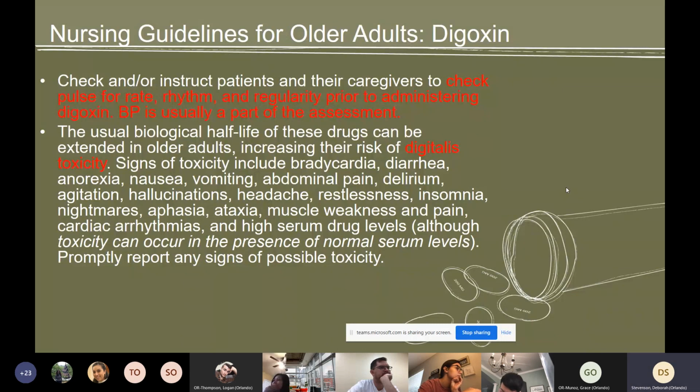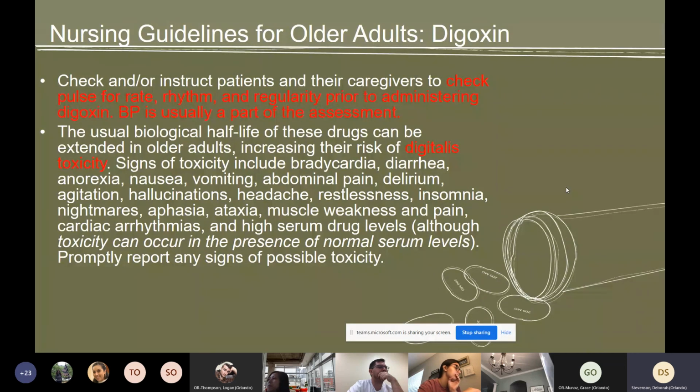Digitalis toxicity is something that NCLEX seems to like a lot, and so do many of the other exams that you might be taking. So be sure you know digitalis toxicity, and here are all the signs and symptoms for you. Of course, bradycardia. We look at hallucinations, lots of toxicity problems, cardiac arrhythmias.